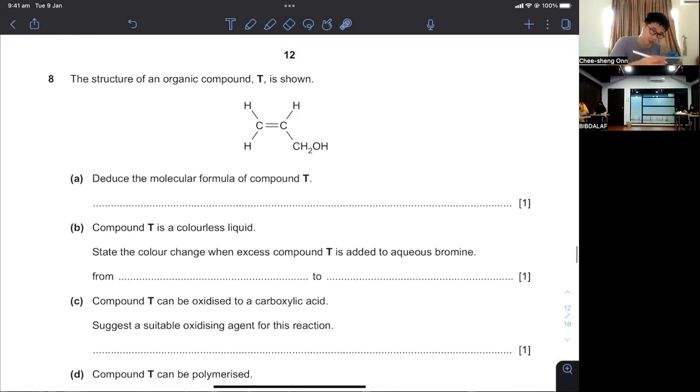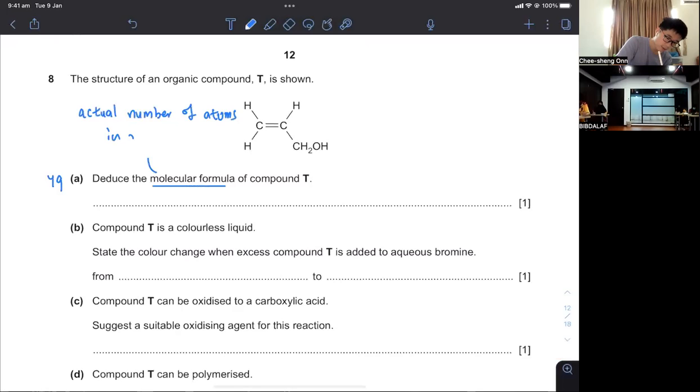Okay. Question 8. Deduce the molecular formula. Just now we had empirical formula, which was defined as the simplest whole number ratio of atoms. Molecular formula is another year 9 definition. It is the actual number of atoms in one molecule.